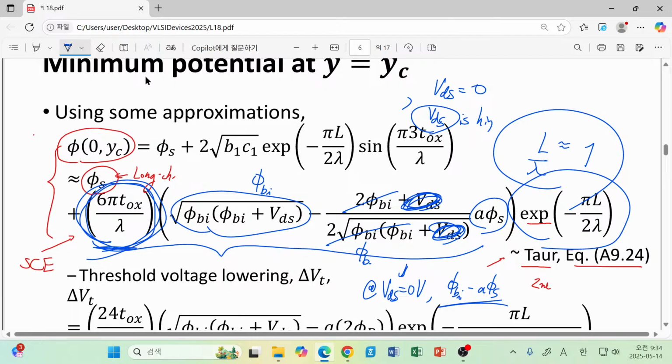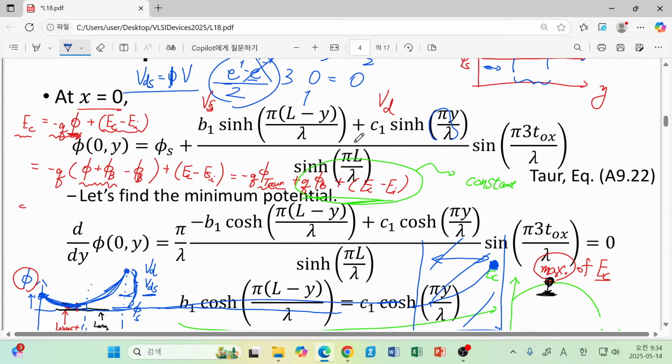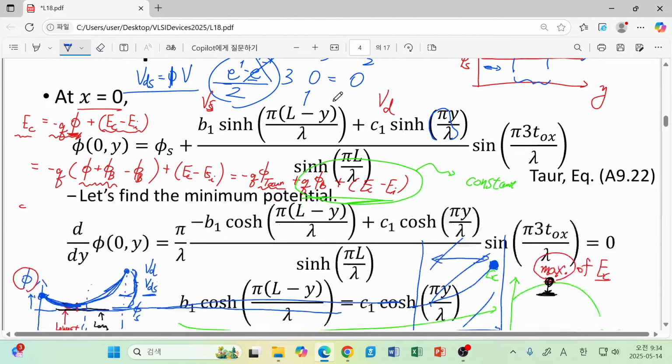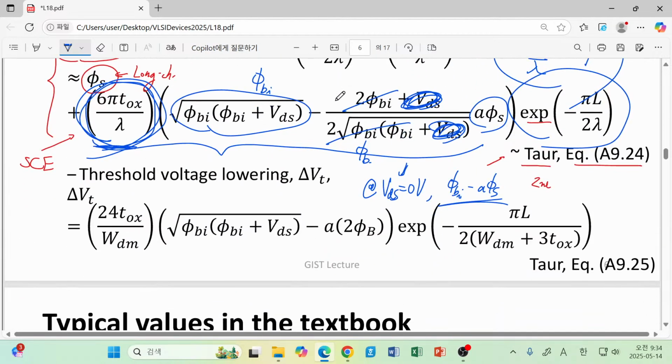What is it? It is nothing but something you have seen before. This number, phi e minus a times phi s, corresponds to the left side, and the right side, our b1 coefficient, or in this case also the c1 coefficient. So even at the 0 case, we have an increase of the minimum potential level. That was called the charge sharing effect in our previous lecture.